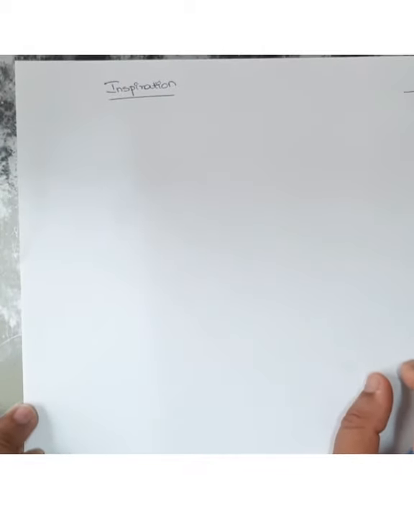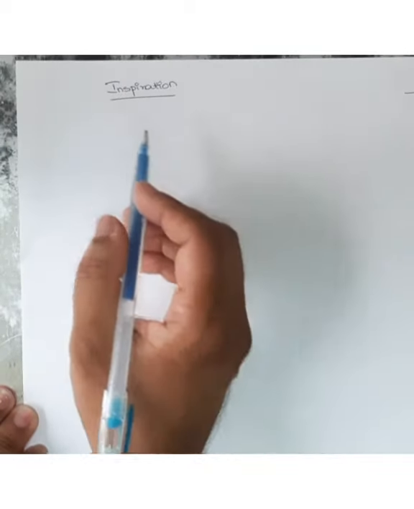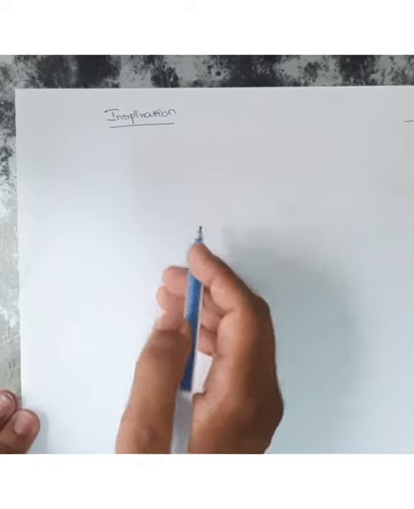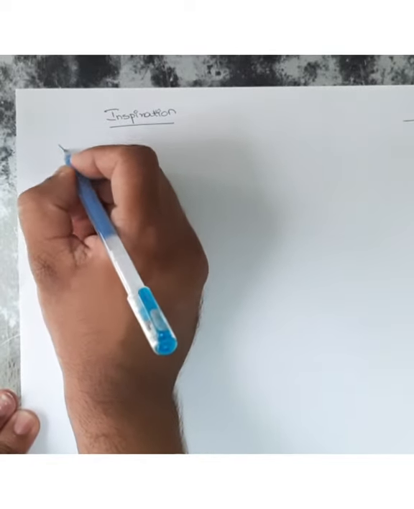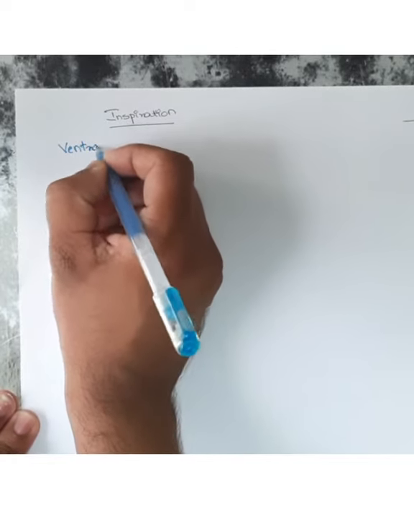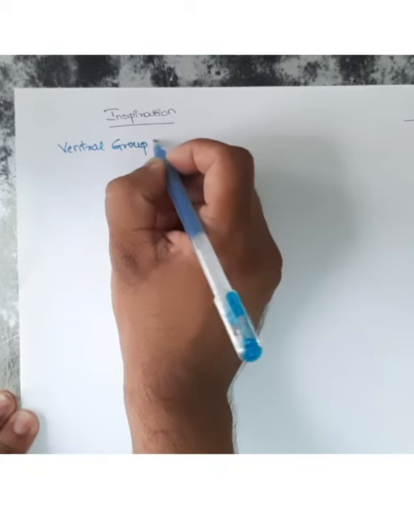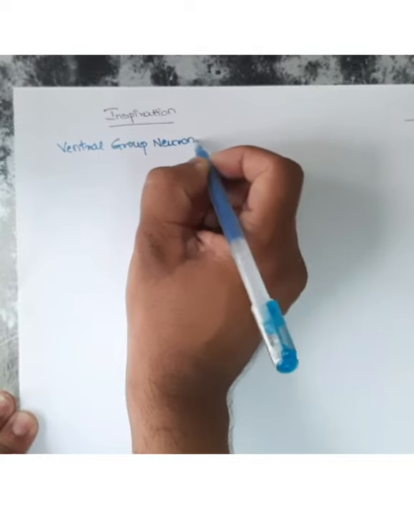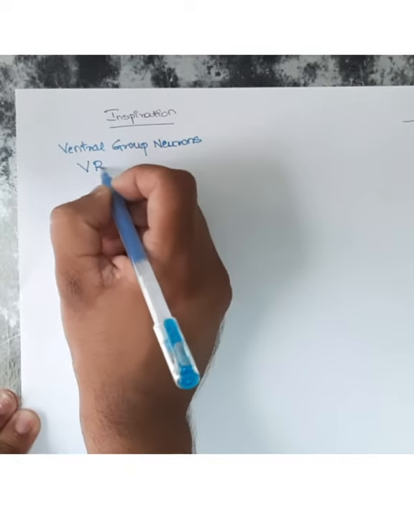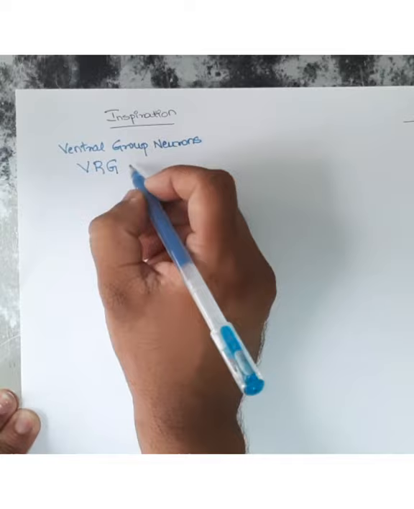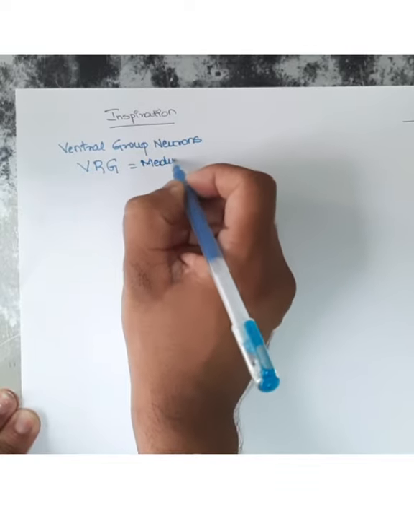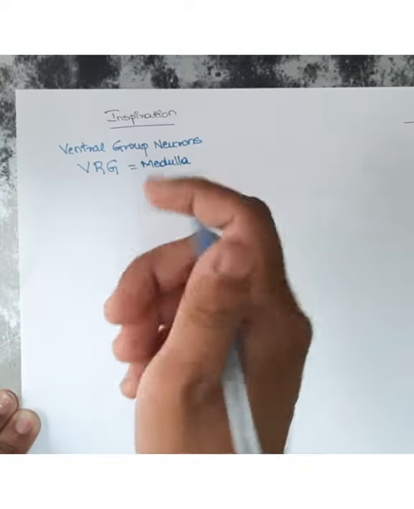So inspiration is always initiated by ventral group neurons. They are also called ventral respiratory group neurons. They are found in the medulla oblongata. They will start firing.